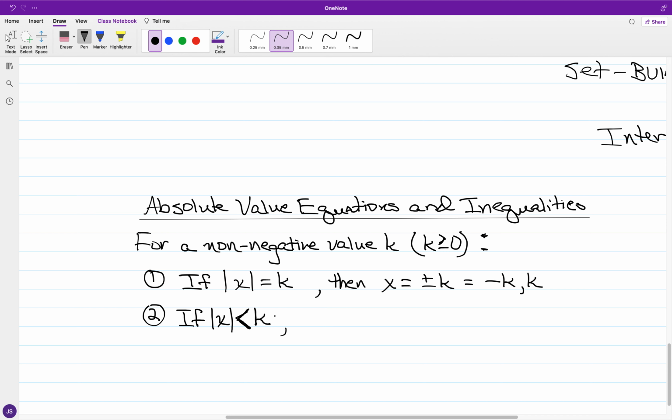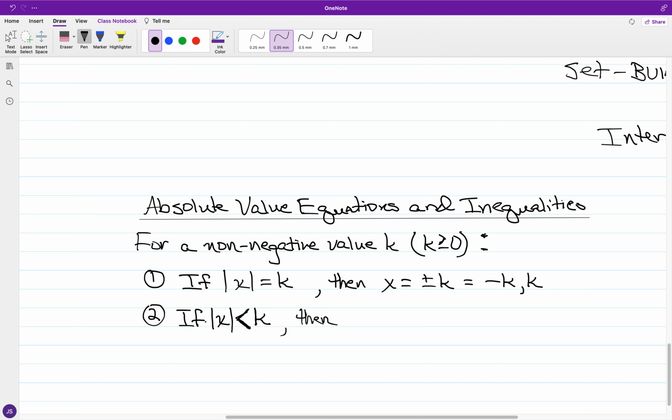Two numbers with an absolute value of k will be negative and positive k. If your absolute value inequality is less than, and also less than or equal to, the value of k, there's going to be a bit of a squeeze play involving negative and positive k, where we have a compound inequality defining the values for x.